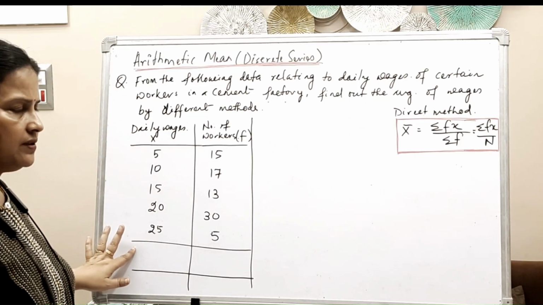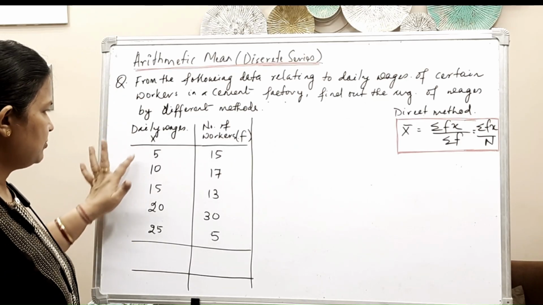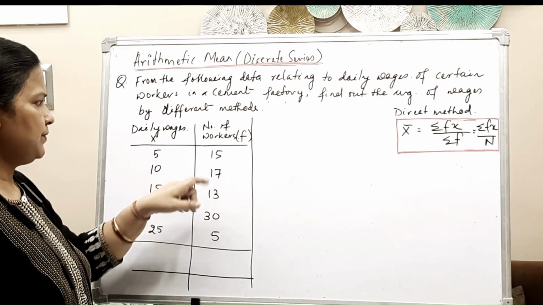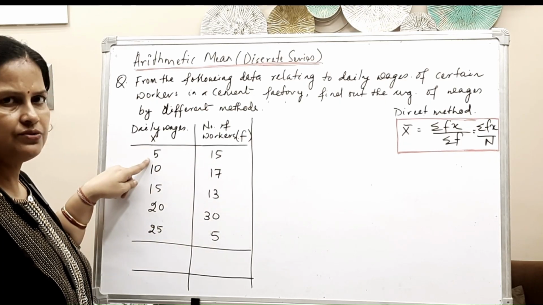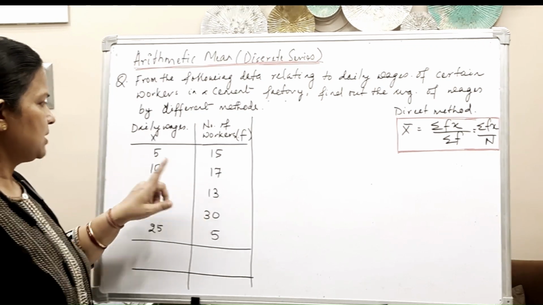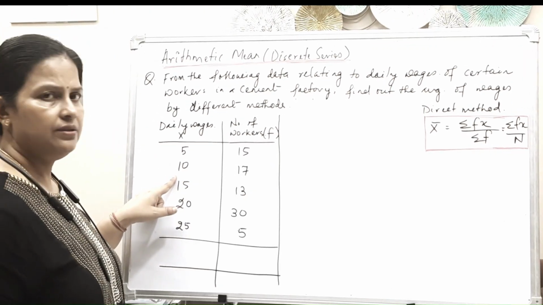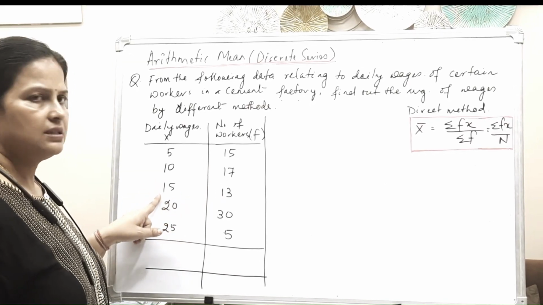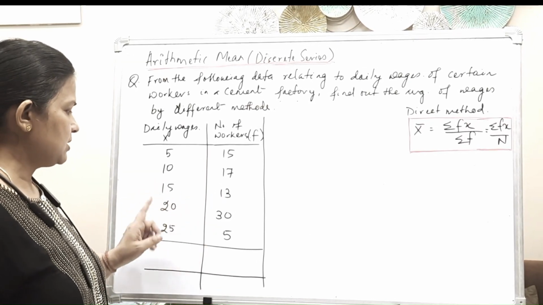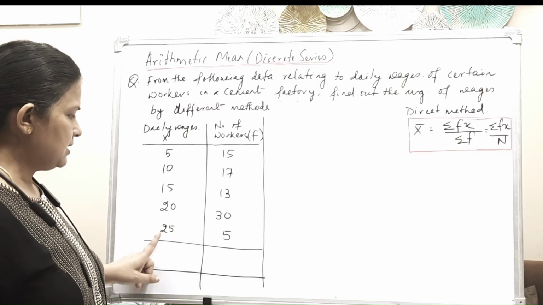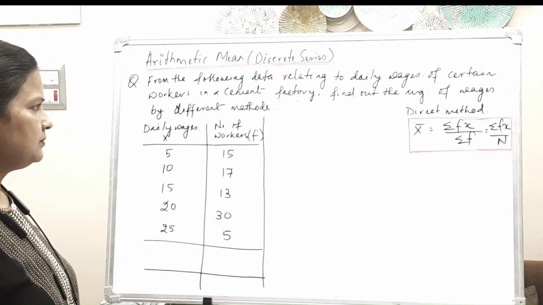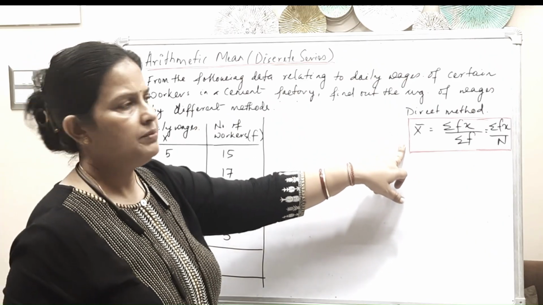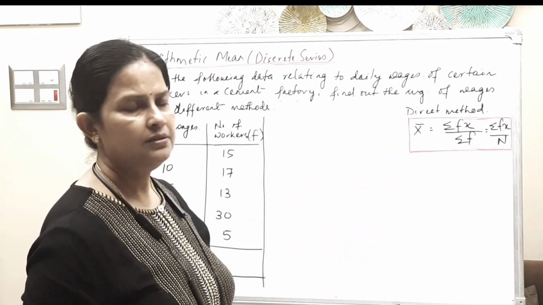The table gives the daily wage of the workers and the number of workers: 15 workers get wage 5, 17 workers get wage 10, 13 workers get 15, 30 workers 20, and so on. First we calculate the mean by the direct method.